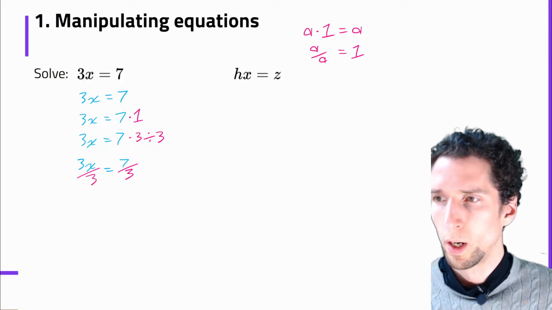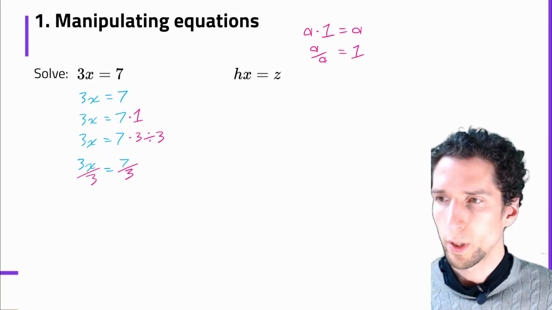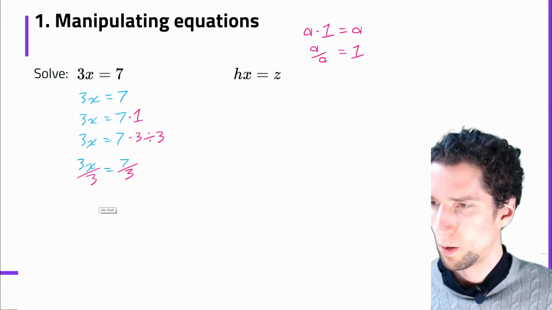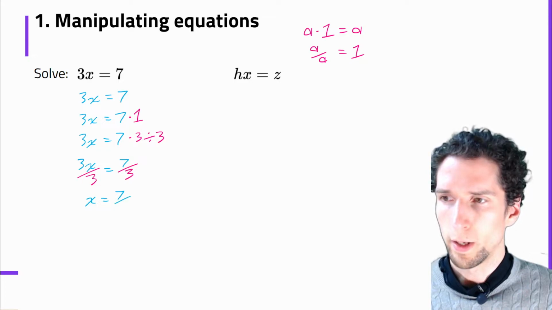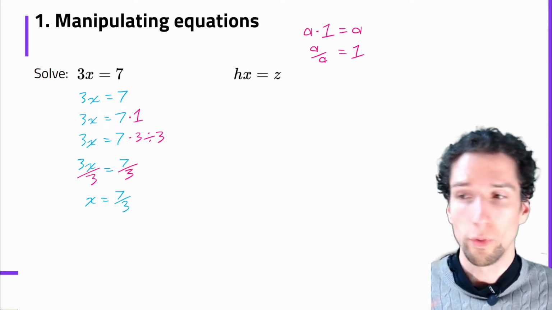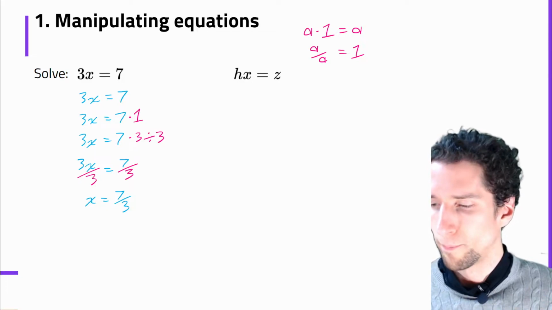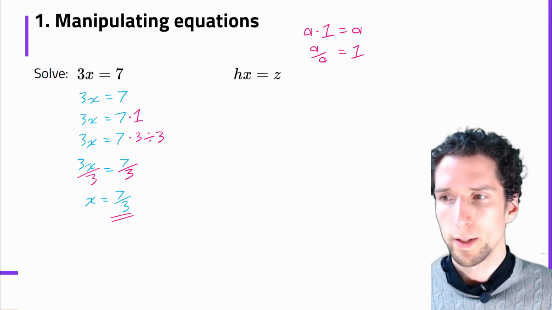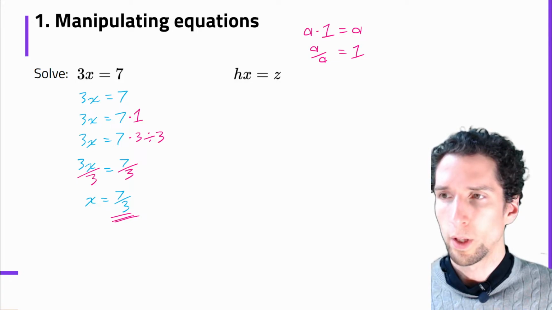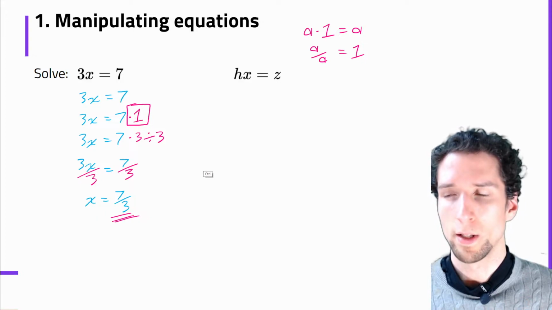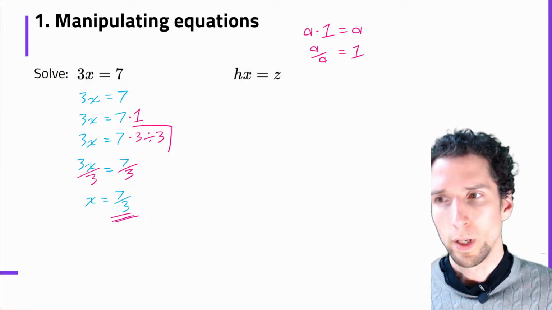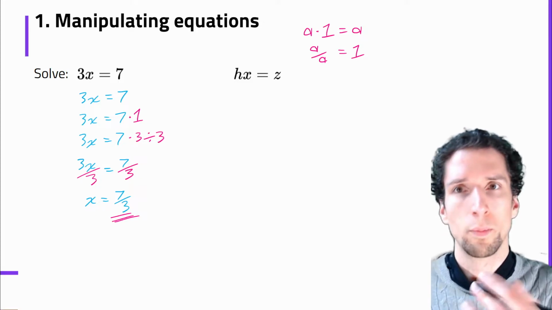And then we have our 3 on the left here. 3 and 3 will cancel out, and we'll just be left with x there on the left, and on the right we will have 7 over 3. Okay, so we've figured out what x is equal to, and the whole thing that let us do that was this here, a 1, because multiplying by 1 does not change anything. And 3 divided by 3 is equal to 1, and we just build from that point.